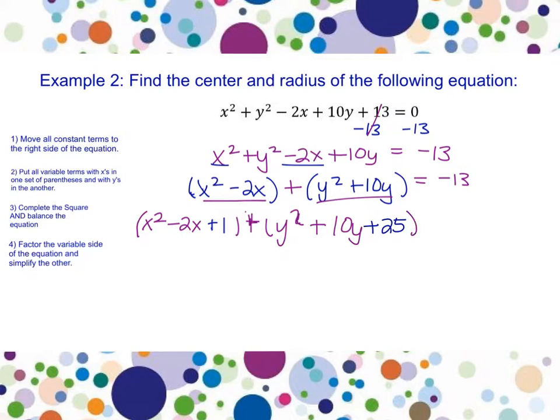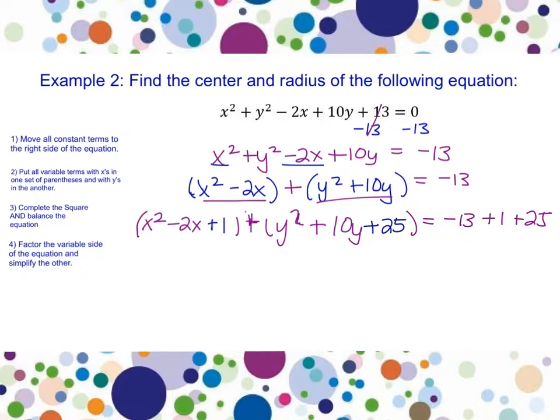All right, so I can't just add 1 and 25 without adding it to both sides. So on the right side of the equation, I'm also going to add 1 and 25 so that it's a balanced equation.